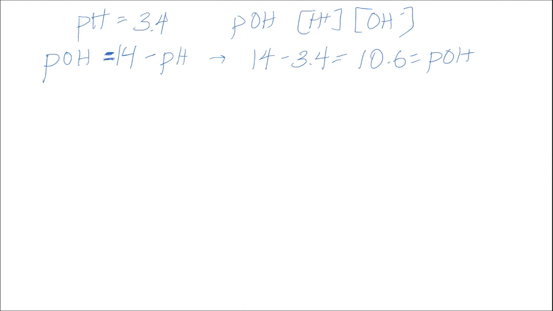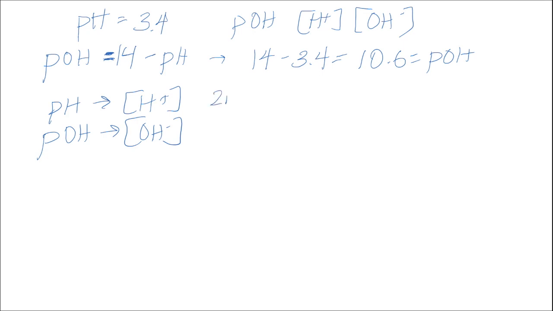So if I'm going from pH or pOH to concentration, or pOH going to OH minus, I have to use this little button on my calculator. It's essentially the second log button.